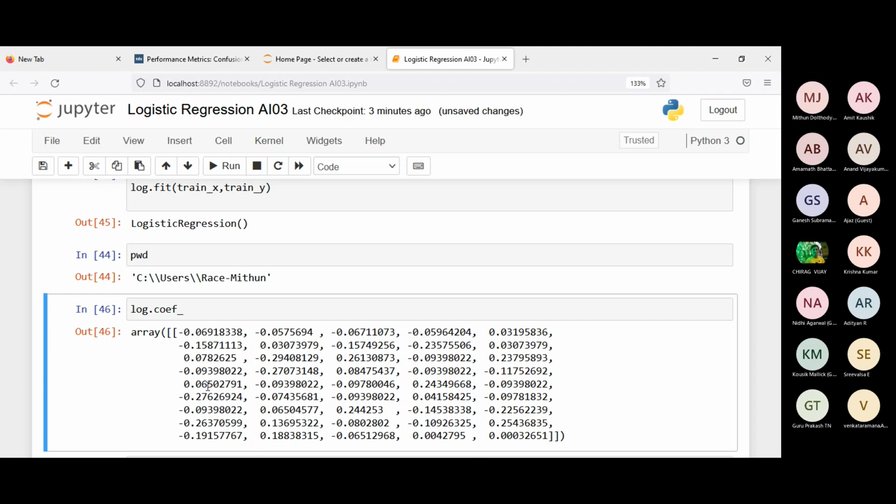Log dot coef underscore. You're getting with this code or old with this, right?